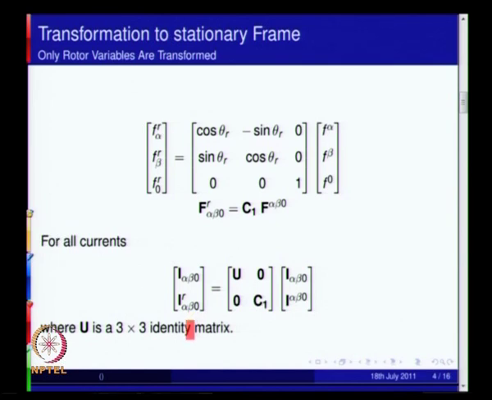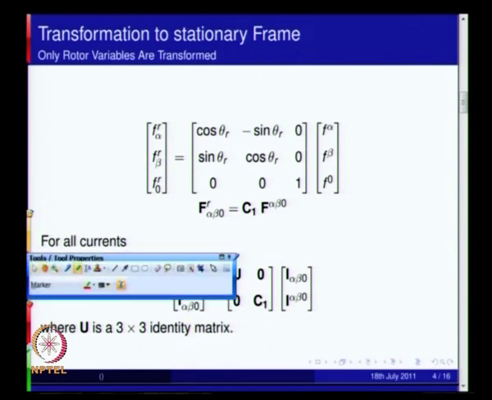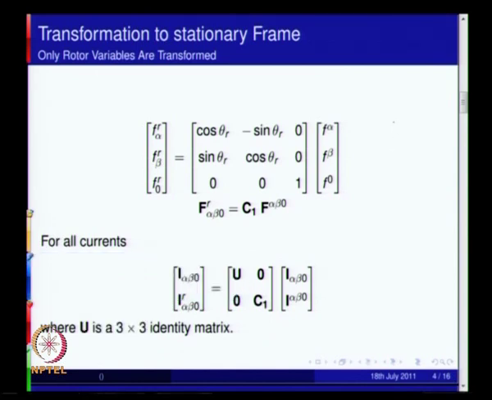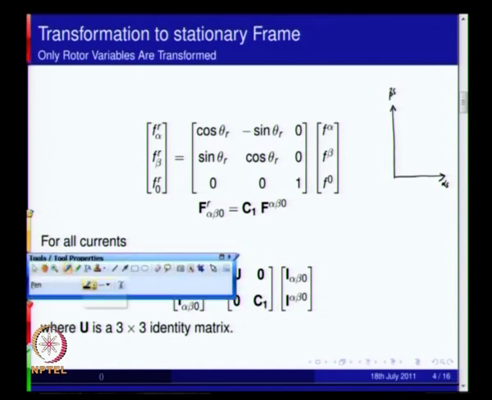So, if we use this description and apply this to the machine equations, remember again what we are trying to do. You have the alpha beta 0 axis of the stator, this is alpha s, you have beta s, and then you have the axis for the rotor.